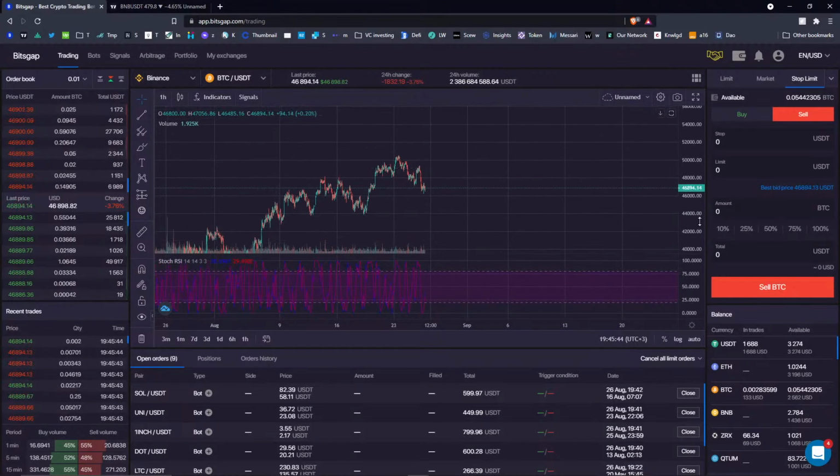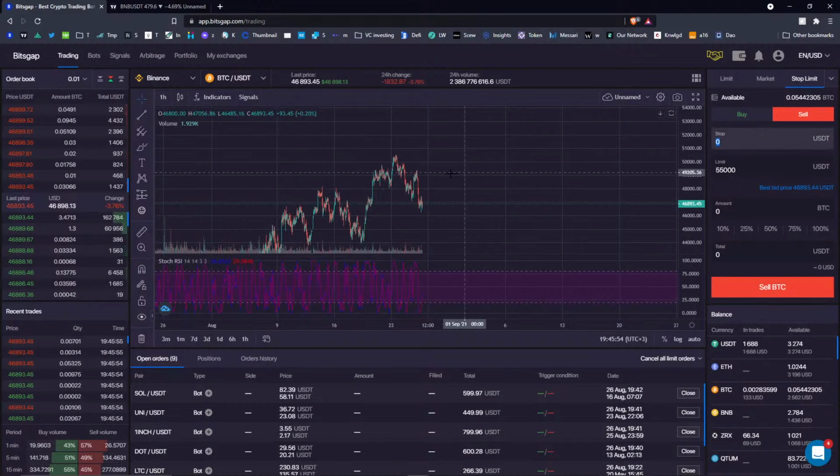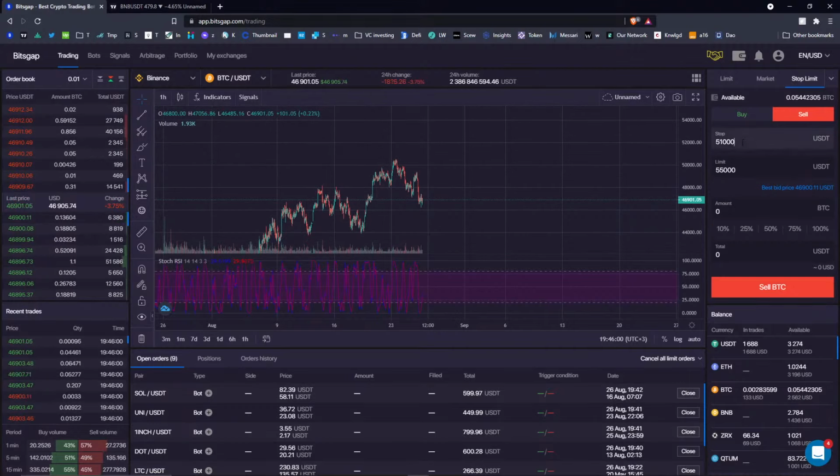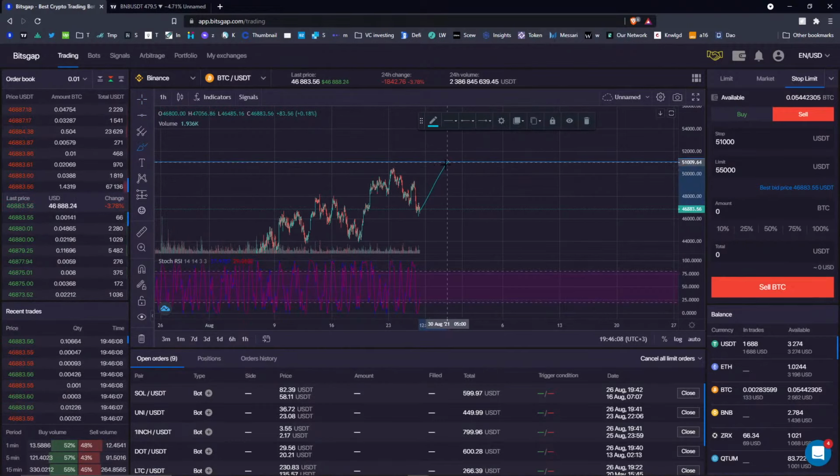Let's say I want my smart trade to place a limit buy, or sorry, a limit sell order at, let's say, 55,000 if the price breaks 51,000. Okay, so the condition here is to breach the 51k price. Boom. Once it breaks it, it will place a limit sell order at the price of 55k. So if that answers your question, then that's great.